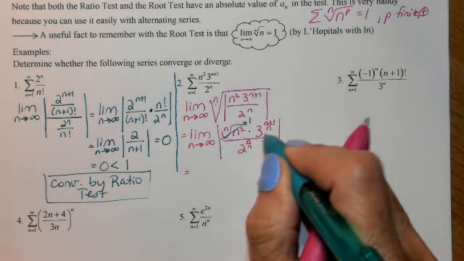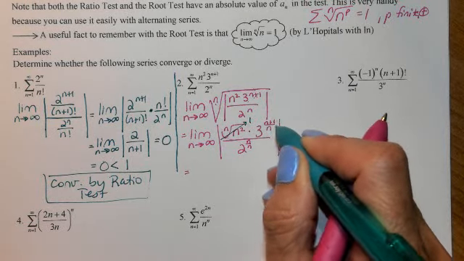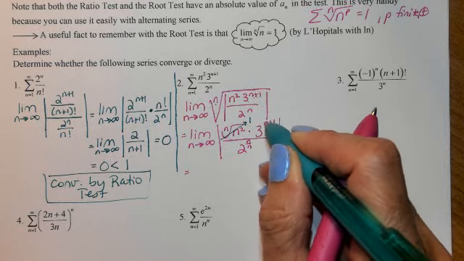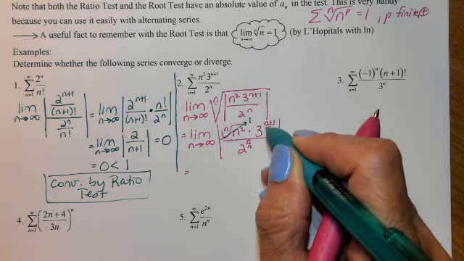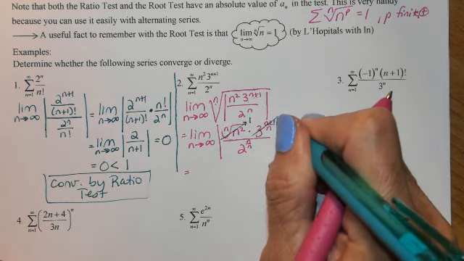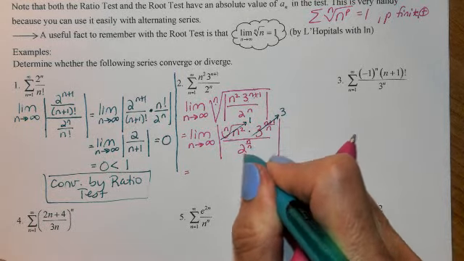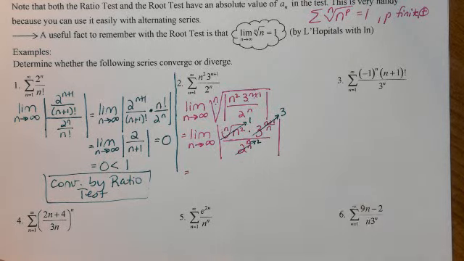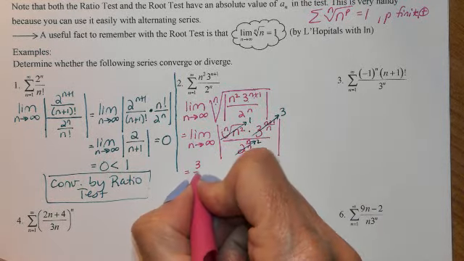As n goes to infinity, what is the exponent going to? 1. The plus 1 doesn't matter. The n's reduced to 1. So this is going to 3. What's this piece going to? 2. So this is all going to 3 over 2.